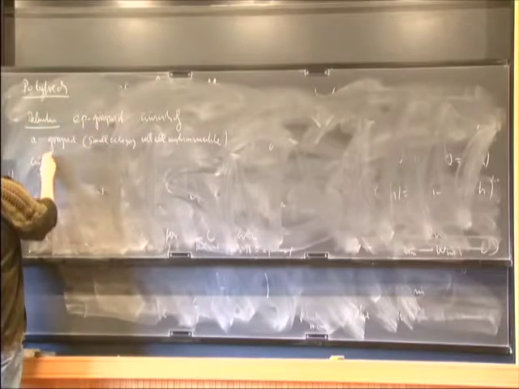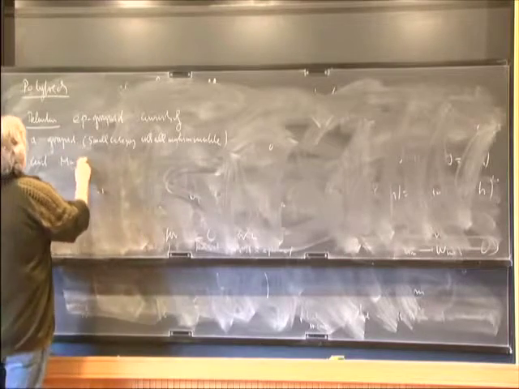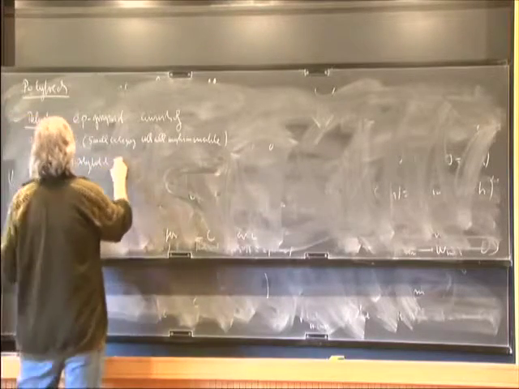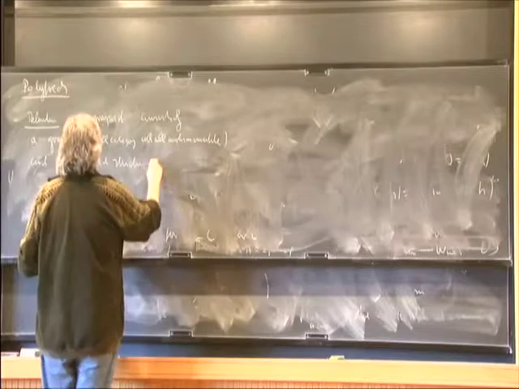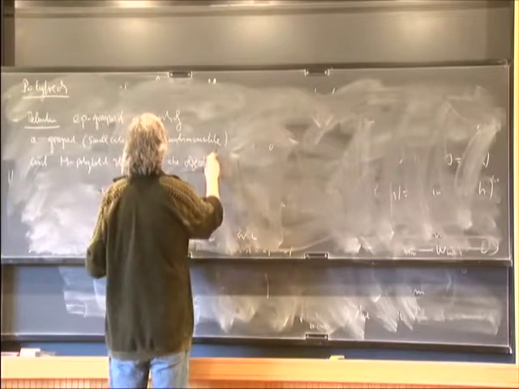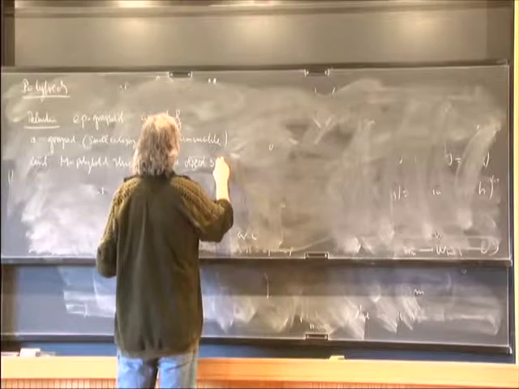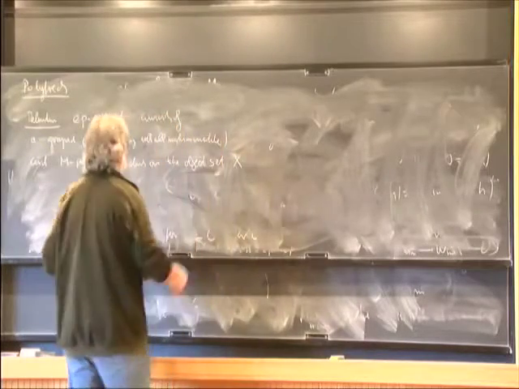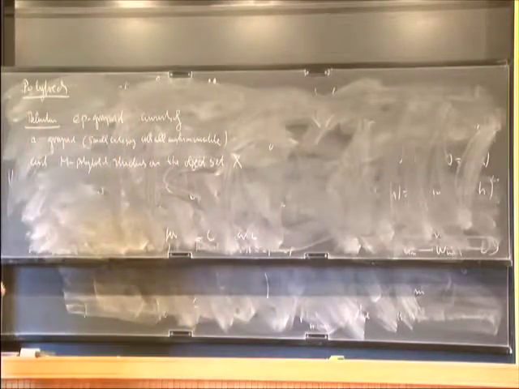And M-polyfold structures on the object set X. Since it's a small category, the object is a set.